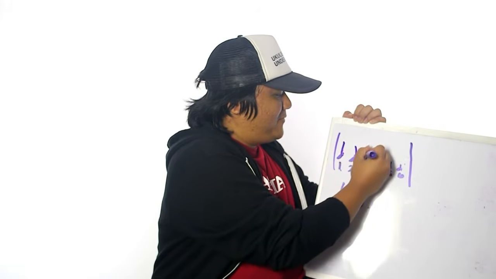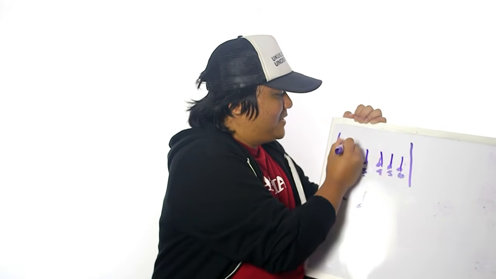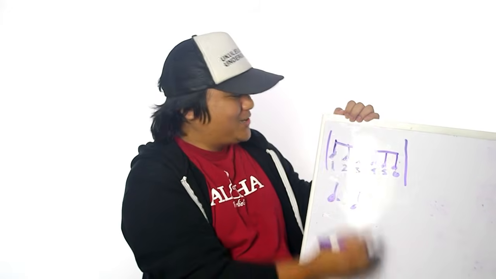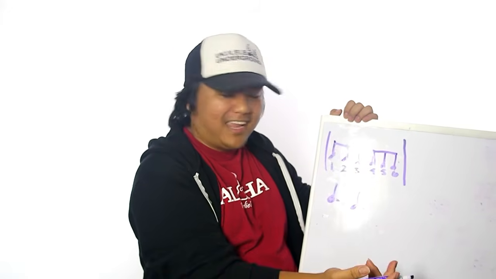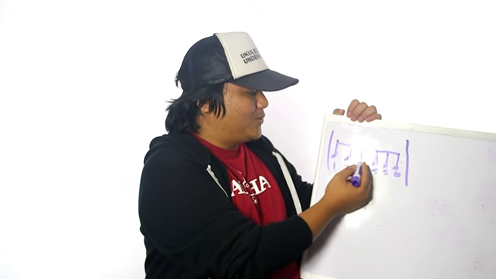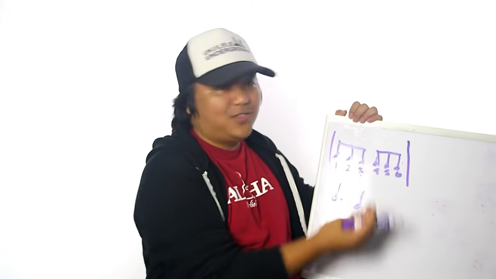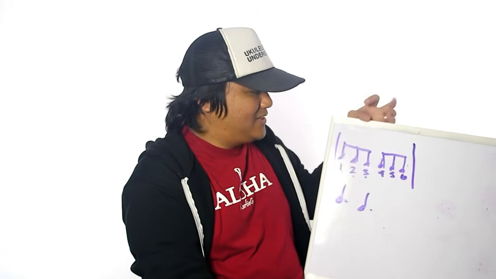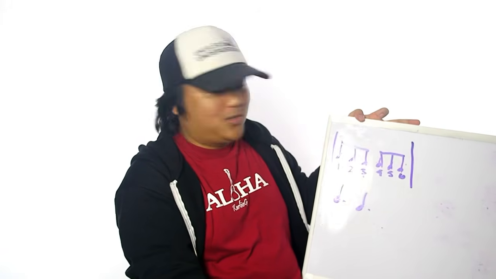So bam, bam, bam, bam, bam, bam, boom, da. And because each one of these is double, it's 8th notes. So you got 1, 2, 3, 4, 5, 6. So each 8th note is now basically a quarter note, getting the quarter note beat.